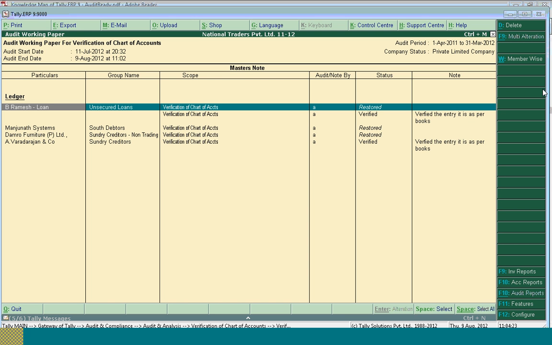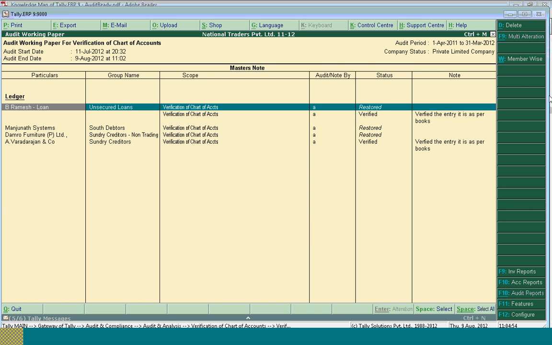All the details can be checked over here. As I'm saying, each and every act, whether you verify or don't verify, if you are trying to do something on that particular entry, all these details have to be updated in your working paper. These are the options used and it will reflect the complete information, and the other person who drills down into this can check who exactly acted on this particular entry. Clear, sir? Shall we proceed?